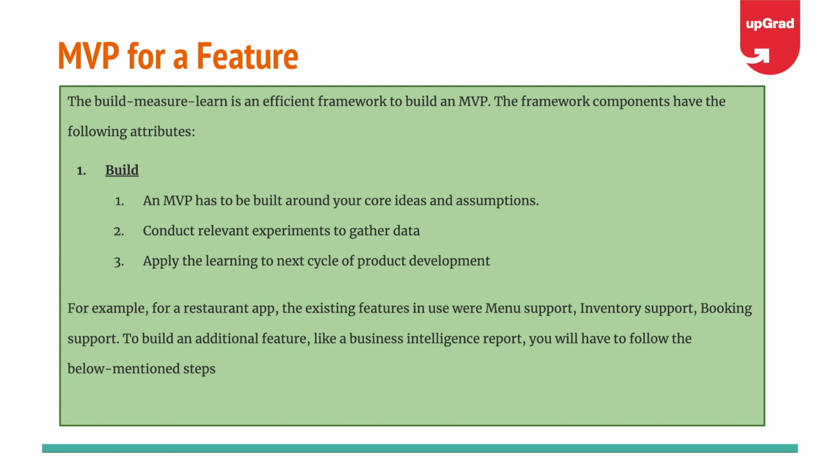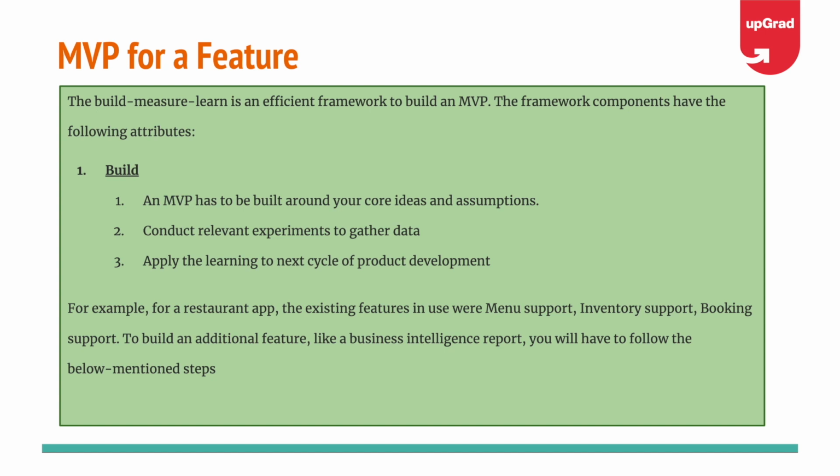So what I will do now is walk you through the various components of the MVP in detail, basically from the build, measure, learn framework that we learned in the first part. And also give you, for each of those components, an example, walking you through the MVP for a feature.